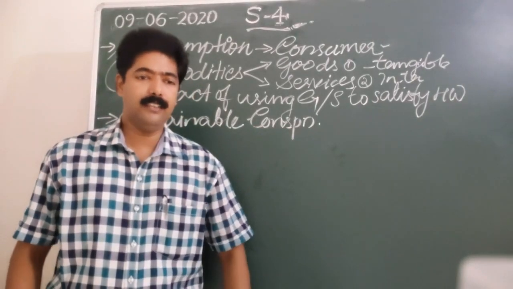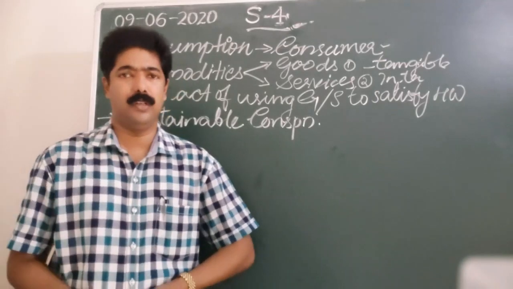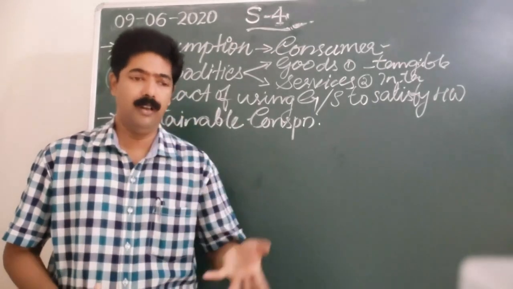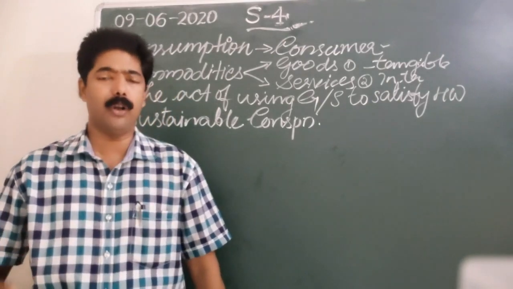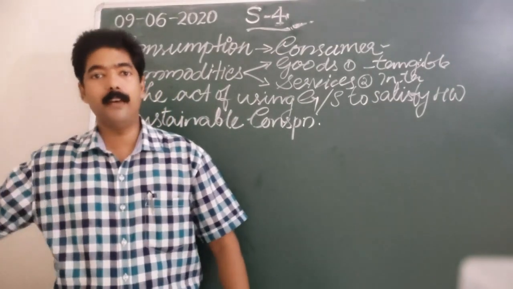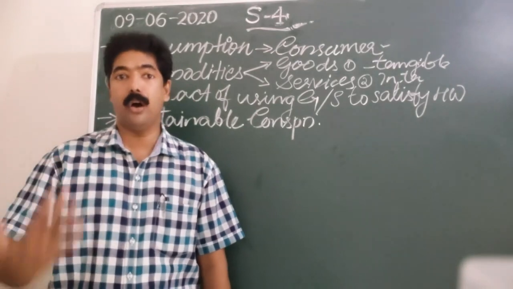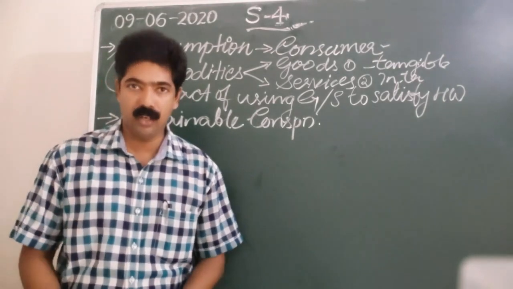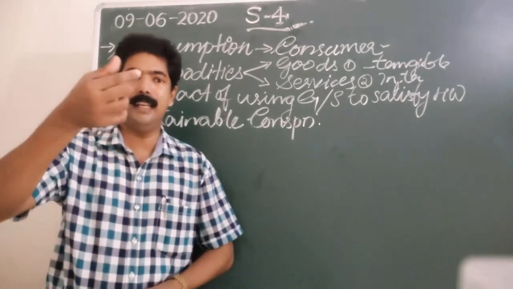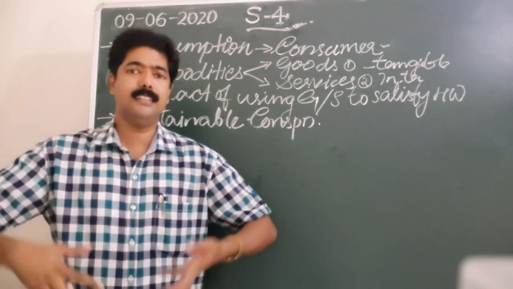Then what is the significance of sustainable consumption? Consumption is the primary function of economic activities. Why do we do economic activities? Why are we so interested in doing economic activity? I have told you, to earn income. And what is the need of income?